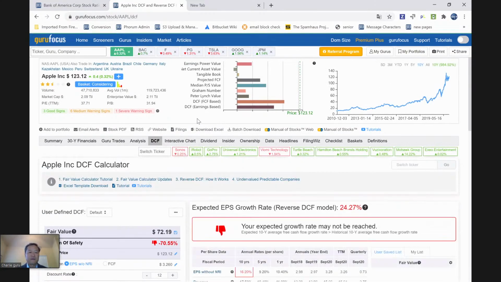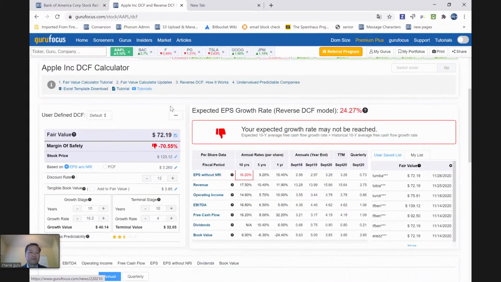Okay, DCF. If you click on the DCF tab, it shows you the fair value already. It shows you the fair value and the margin of safety, but it's based on the default parameters. It shows Apple has a negative 70% margin of safety currently. But one thing you should pay attention to is the discount rate.